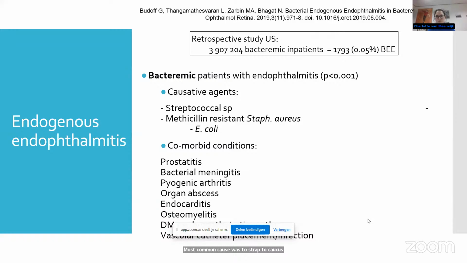Also Staphylococcus aureus or E. coli were seen. And as risk factors, they published the presence of prostatitis, bacterial meningitis, pyogenic arthritis, organ abscess, also endocarditis, which I also mentioned before, osteomyelitis, diabetic retinopathy, and vascular catheter placement or infection.